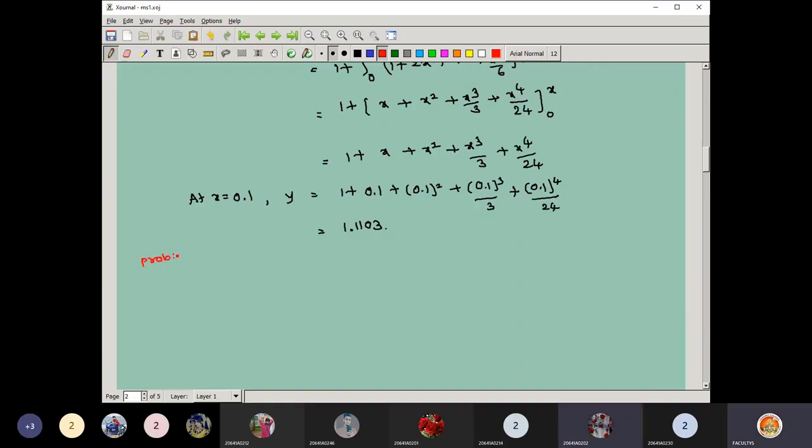Yes, sir. So next problem: find the solution of, so a problem is given. Better, you look at the previous problem. Have you got the same answer by applying the Taylor series method? There also we have calculated the y value at x equal to 0.1.